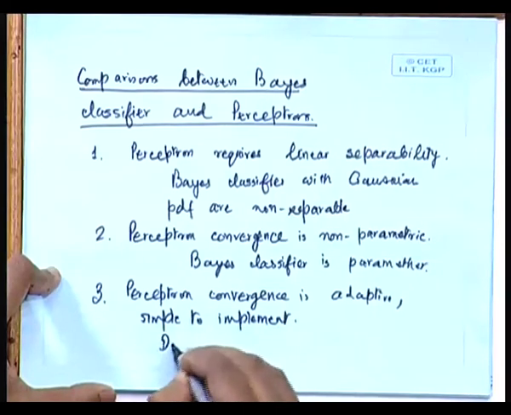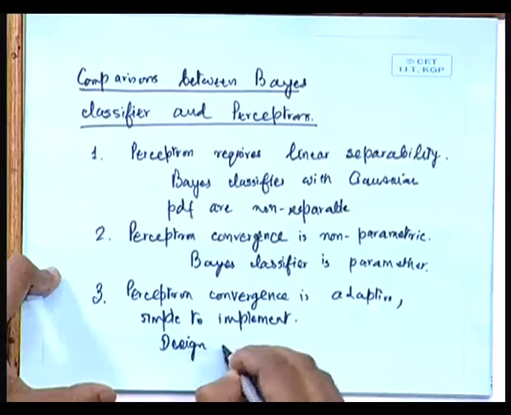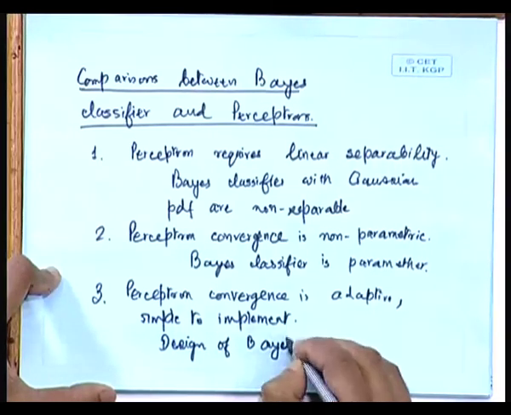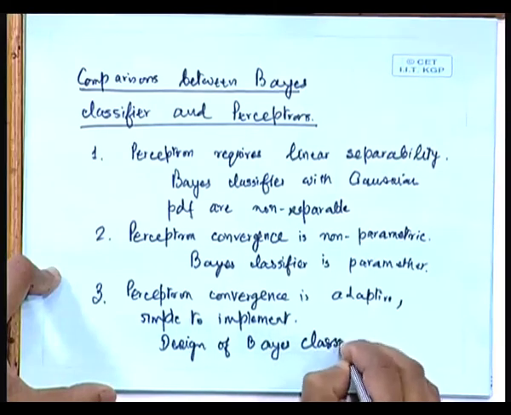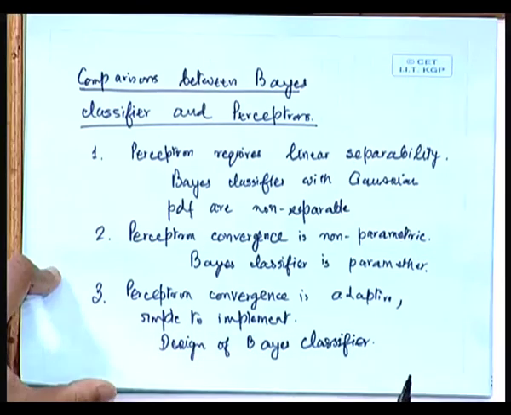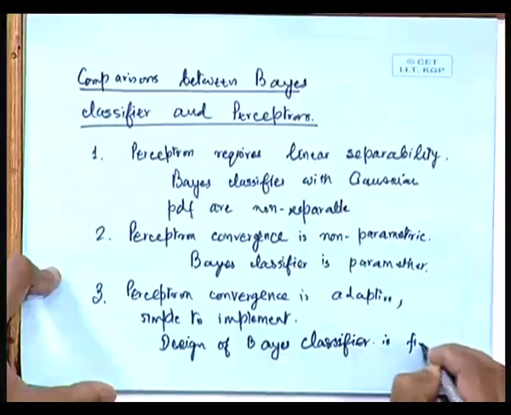Whereas the design of Bayes classifier is fixed, because in this case design of Bayes classifier is very much dependent upon the log likelihood ratio that we are computing. So, it is fixed. Okay.